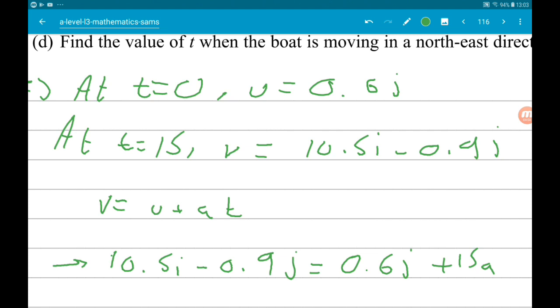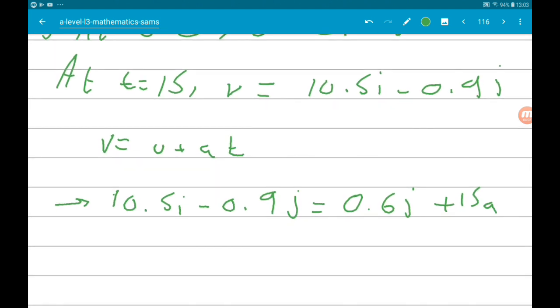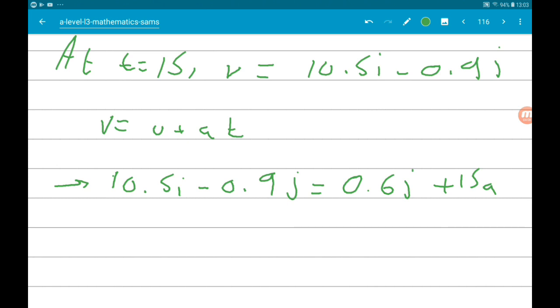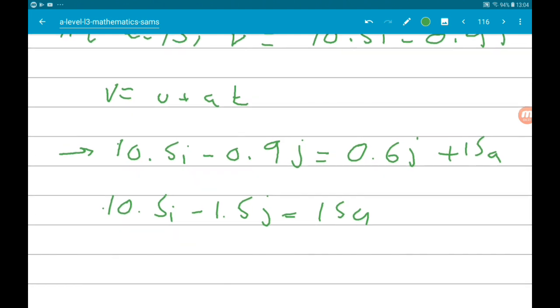Now if we subtract the 0.6 j, 10.5 I minus 1.5 j is equal to 15a. Therefore, divide by 15. A is 0.7 I minus 0.1 j.